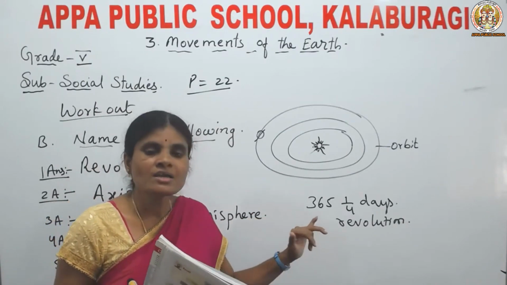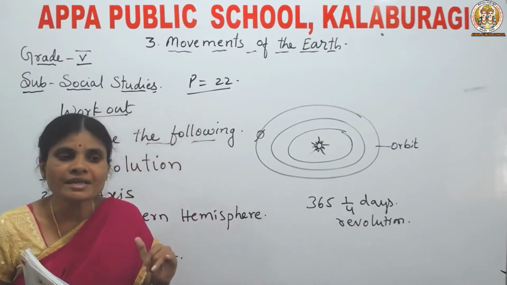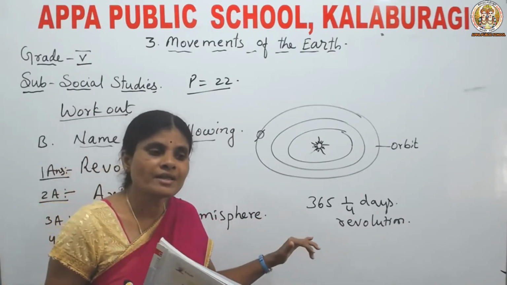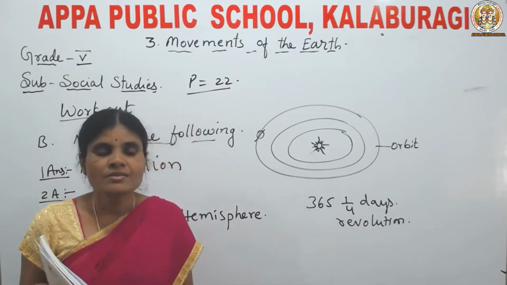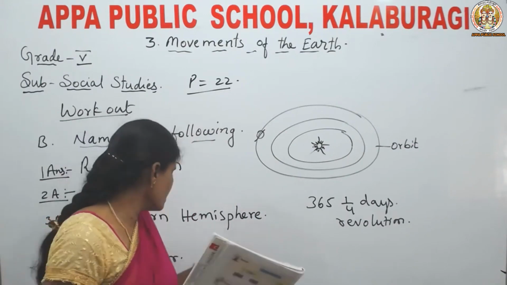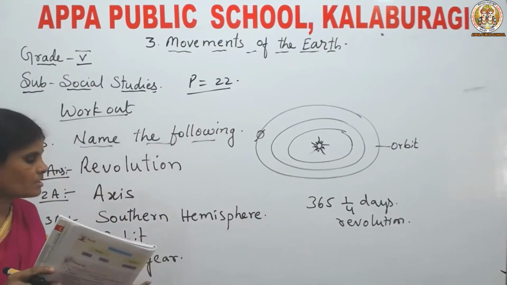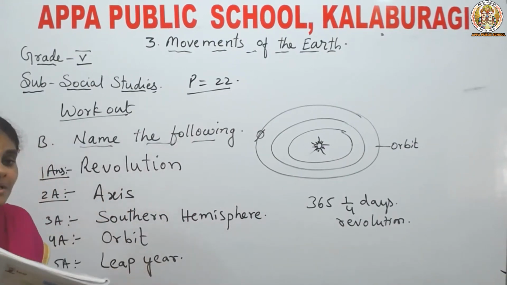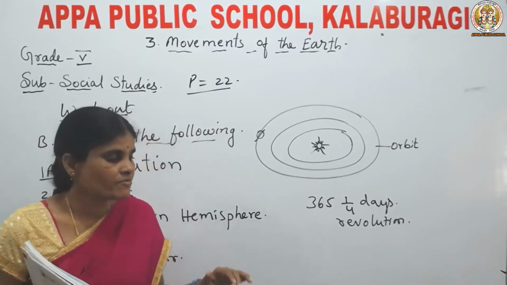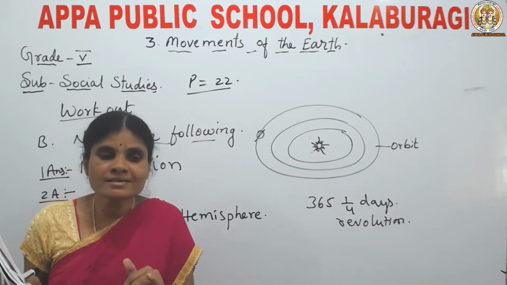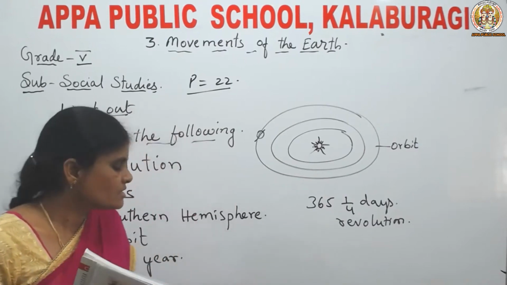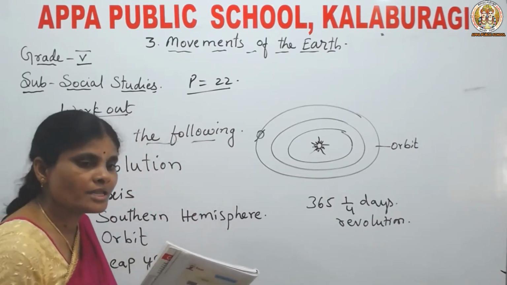So that is why February will get 29 days instead of 28 days, for every 4 years. That year is called leap year. The year which gets 29 days in February month is called leap year.